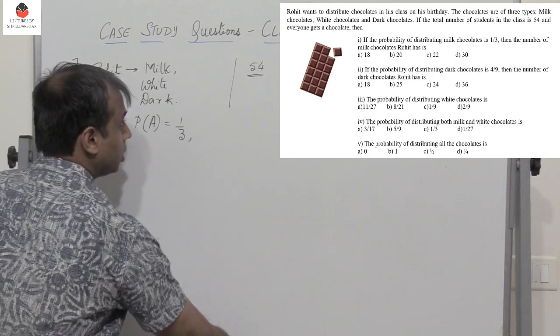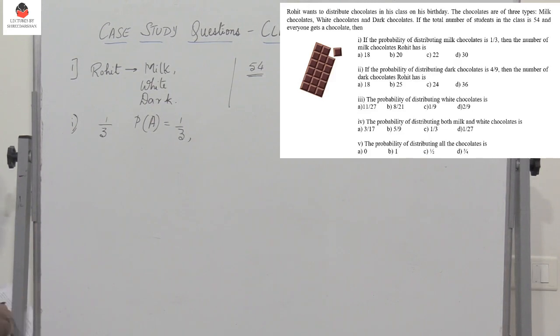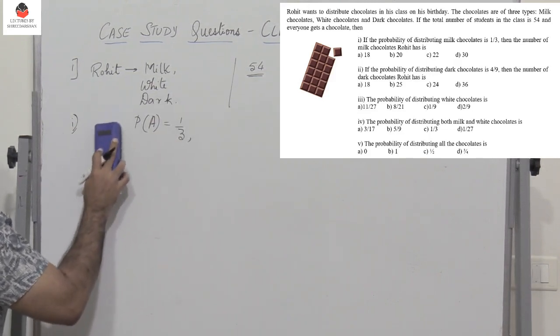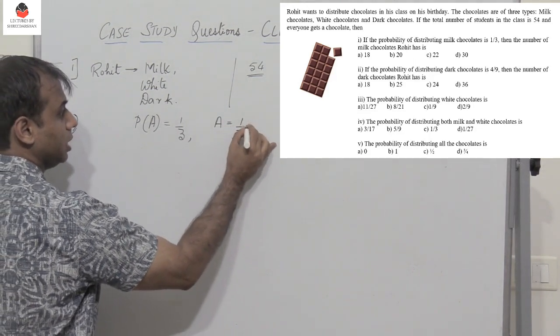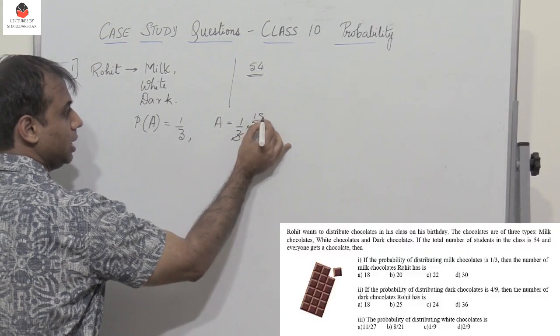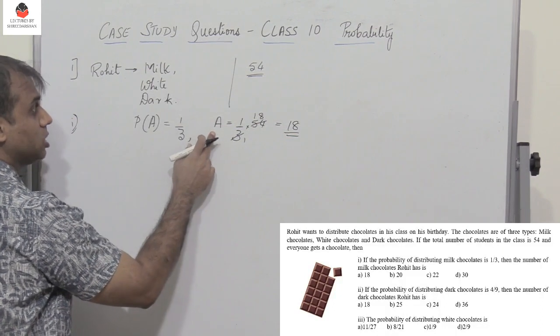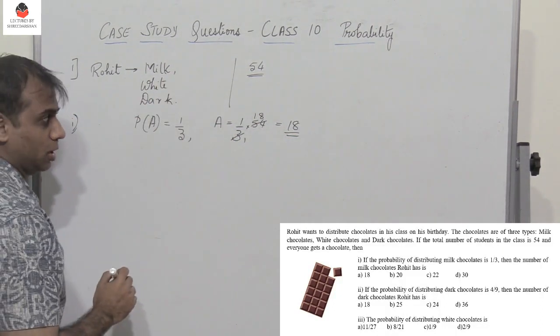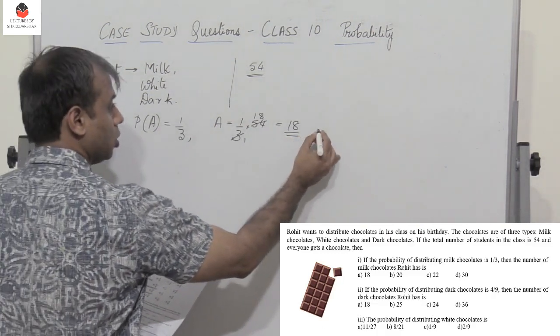So we know that the total number of chocolates is equal to the total number of students which are present, which is 54. So therefore A equals 1/3 into 54. So 3 1s are 3, 18s are. So therefore A equals 18, which happens to be the number of milk chocolates. So if we check the options, it is option A.